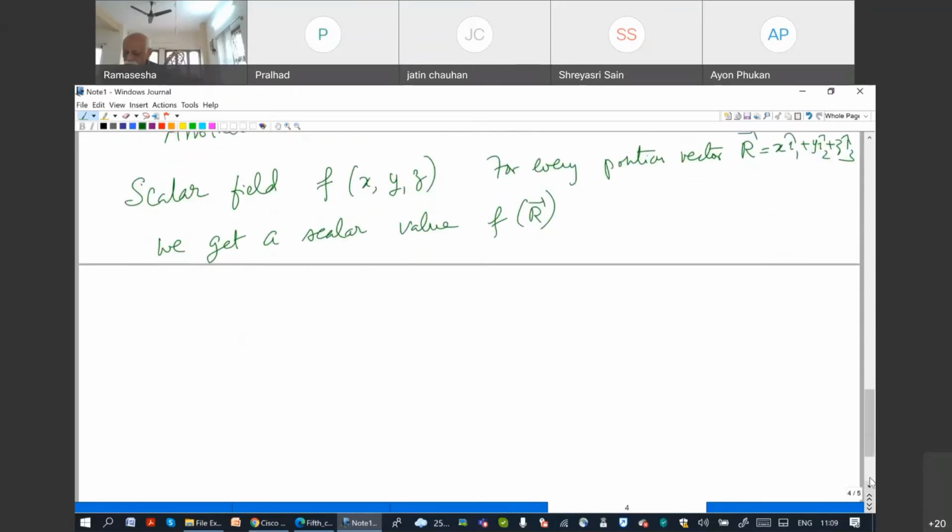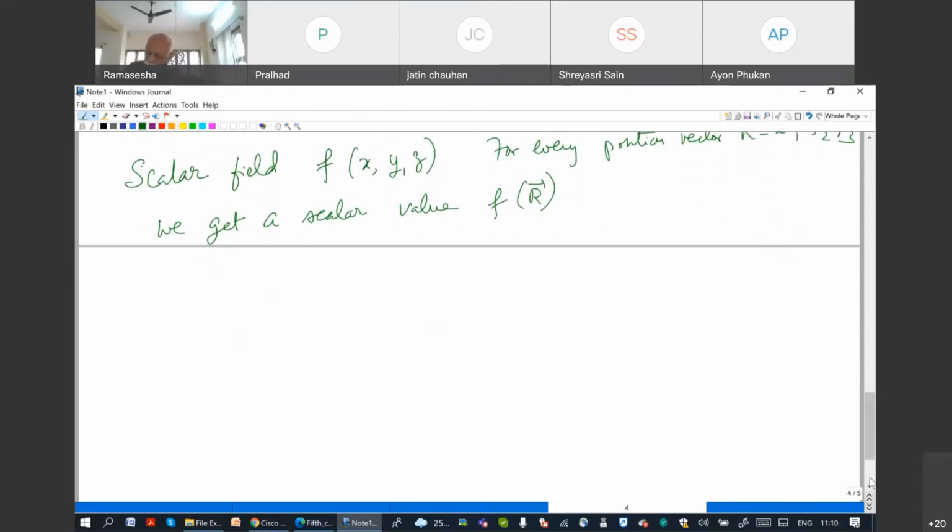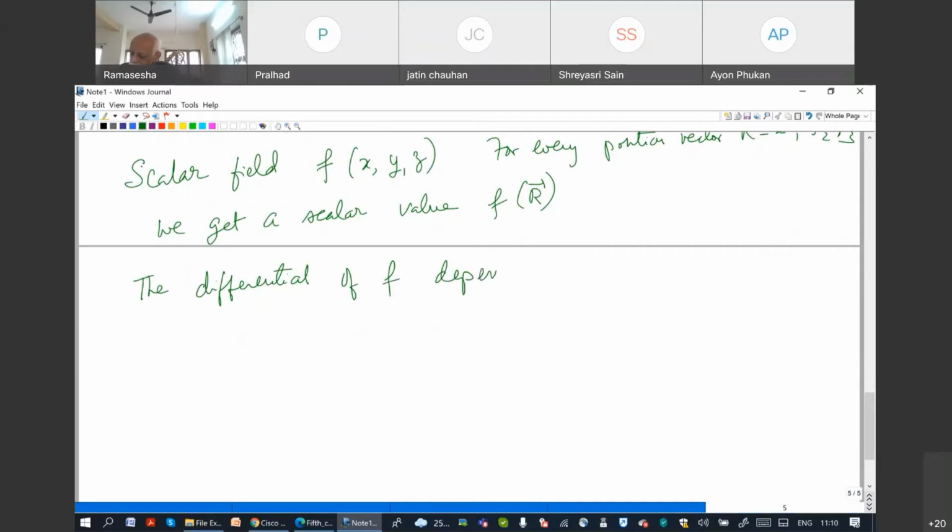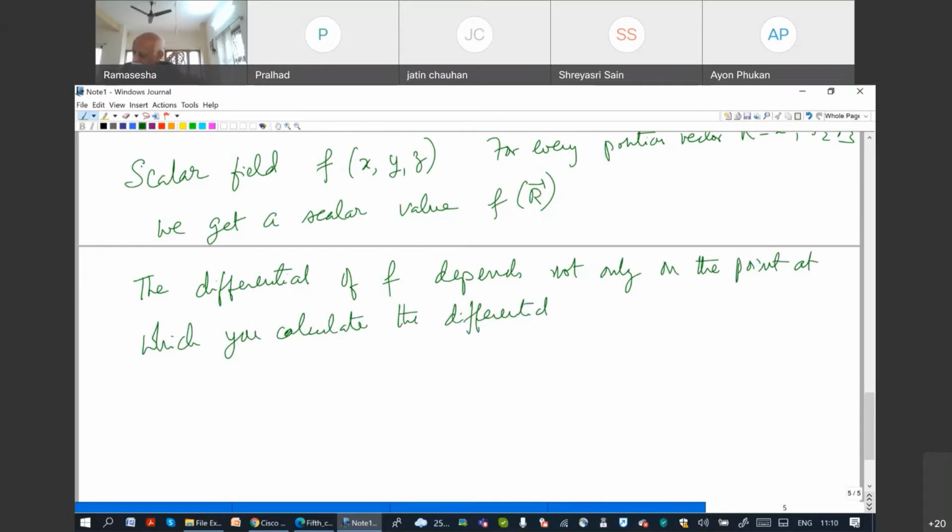Now, when you have a function like this, then the differential of f depends not only on the point at which you are calculating the differential, but also on the direction.